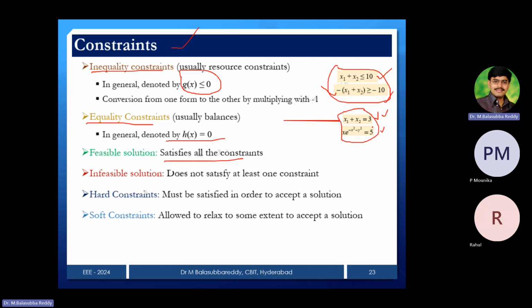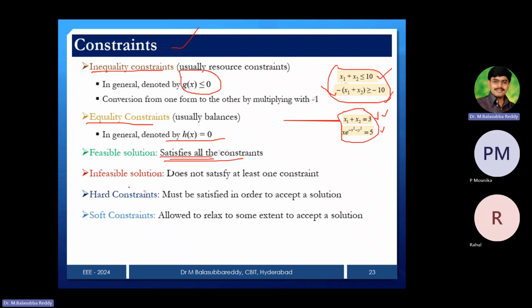Broadly, we can classify them as inequality and equality constraints. If all the constraints are satisfied, then we can say it is a feasible solution.